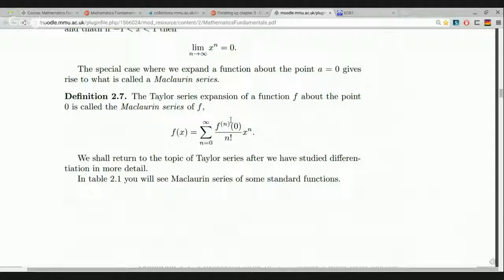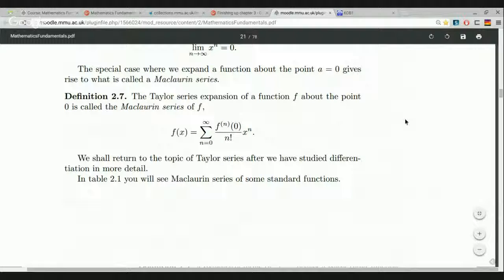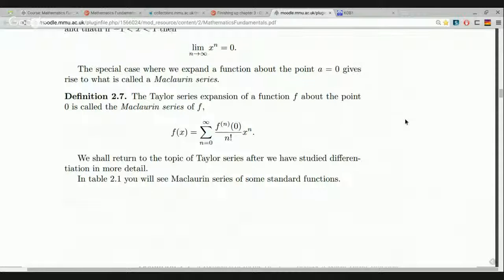The first derivative of f is the first derivative. The second, f superscript 2 in brackets, will be the second derivative. Now we'll come back to this in much more detail when we're doing differentiation in term 2, and we'll give arguments to justify why this is the case, when we understand more about the derivative.